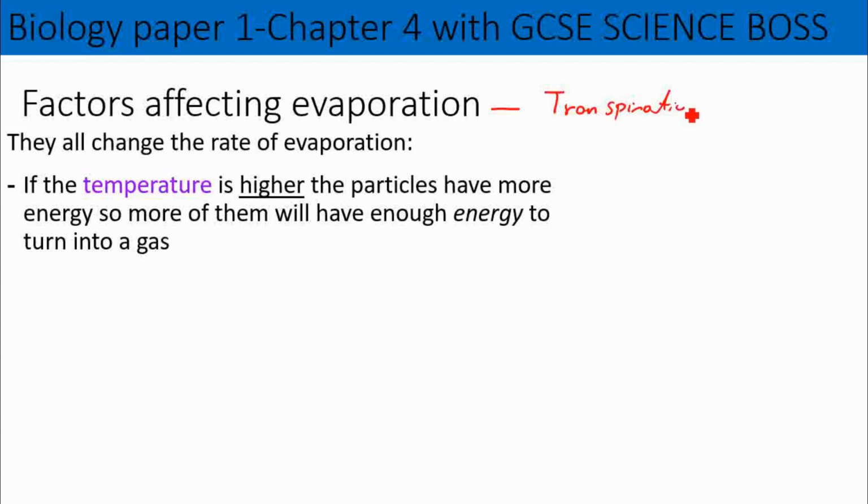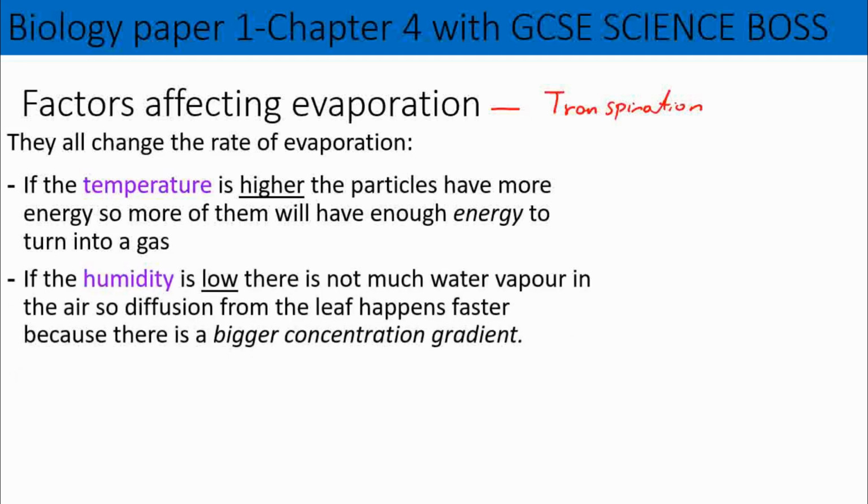The higher the temperature, the faster the particles are moving, and therefore the quicker they turn into a gas, so it's easier for water to be lost via transpiration. Also, humidity. If the humidity is low, there's not much water vapor there, which means there's a bigger concentration gradient and water is going to move out of the plant.